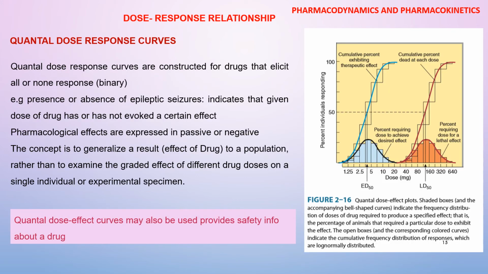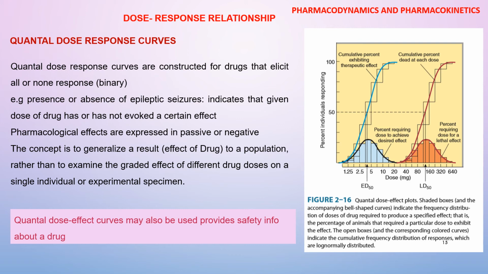As discussed in our early slides, there are two types of drug dose response curves, the graded dose response curve and the quantal dose response curve. The quantal dose response curve is the dose response curve plotted for binary effect of the drug, that is, either the presence or absence of a response.